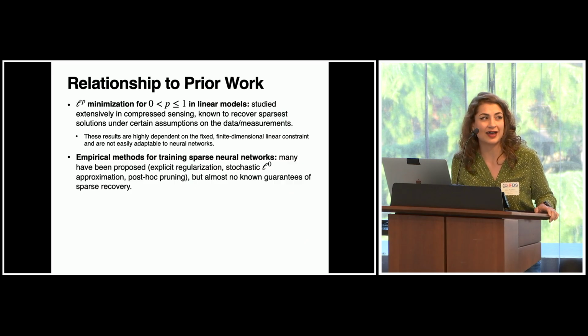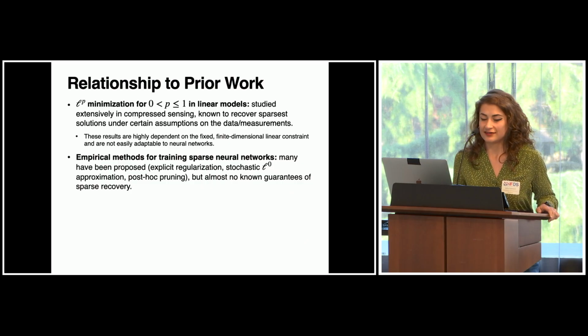Even in that case, where you're looking at a linear problem, it's not super trivial to actually prove that LP norm minimization will give you a sparsest solution. And those proofs don't really extend to neural networks very easily at all, because the problem with neural networks is very nonlinear, it's non-convex, and it's difficult to solve using those techniques.